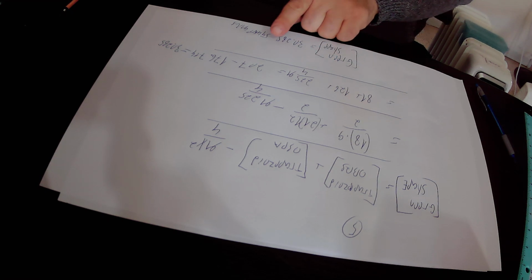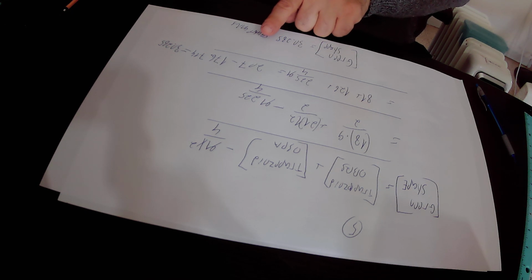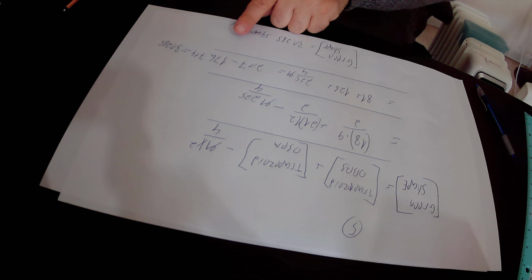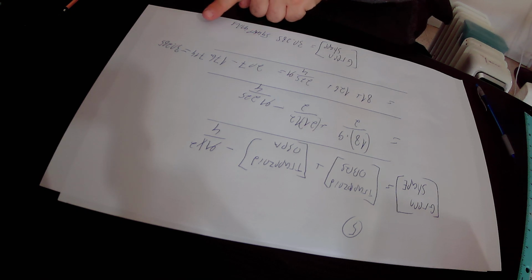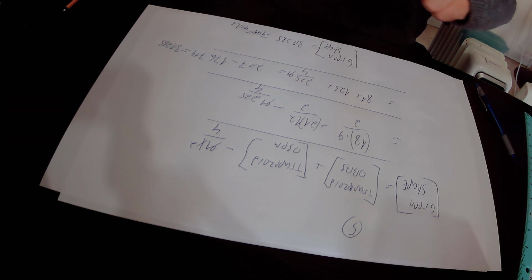Here 81 plus 126 is 207, and 225 pi over 4 is 176.714, and 207 minus 176.714 is equal to 30.285 square units.